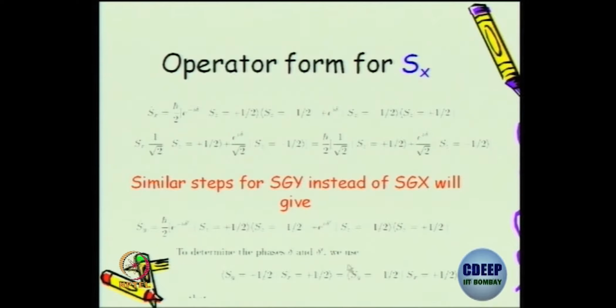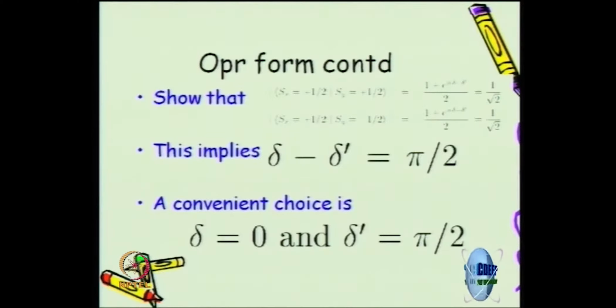So that means the probability should be equal. Use this fact and try to fix the choices of delta and delta prime. Show that the inner product of two states will be this, and the mod of that should be 1 over root 2. And similarly, the inner product of Sy equal to minus half and Sx equal to plus half is this. And now you fix your choice.